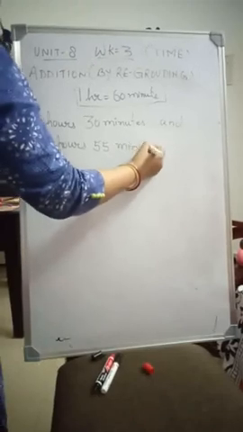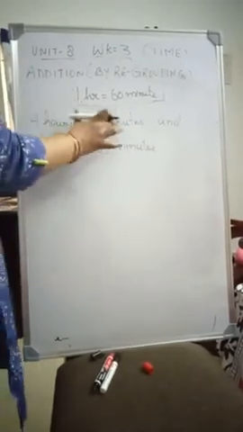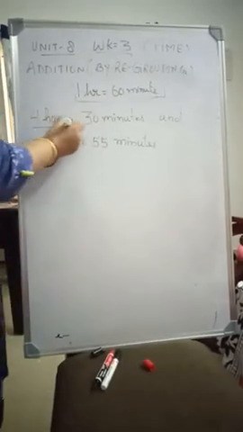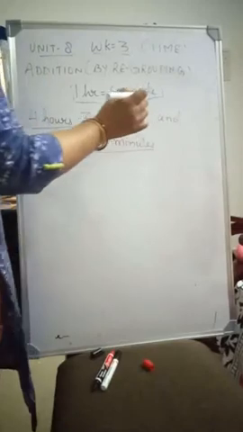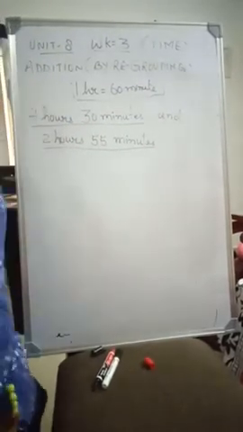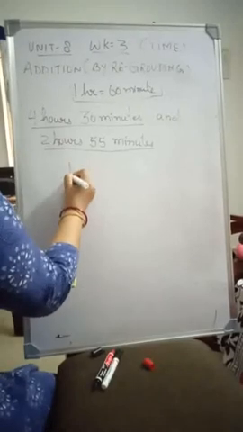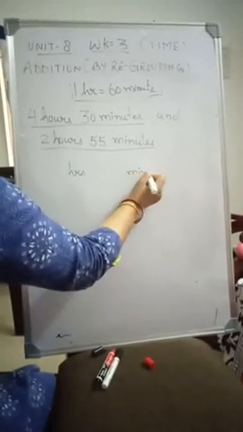So firstly we will arrange these numbers. This 4 hours 30 minutes is one number, and 2 hours 55 minutes is another number. So firstly we will arrange these numbers in columns. Here the columns are hours and minutes, right?